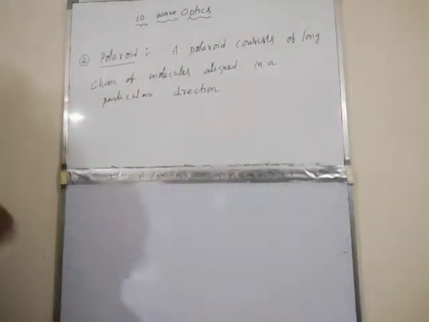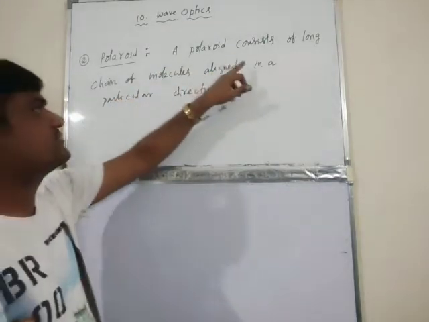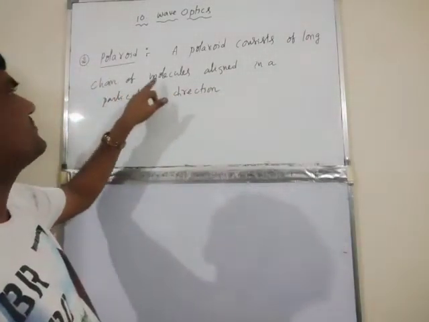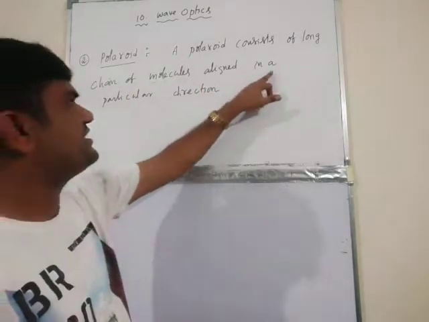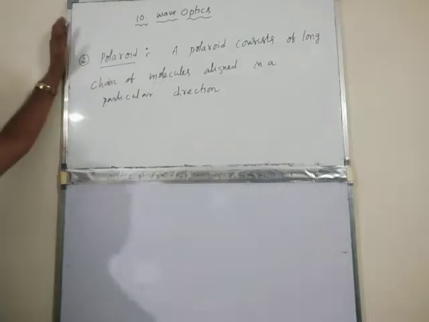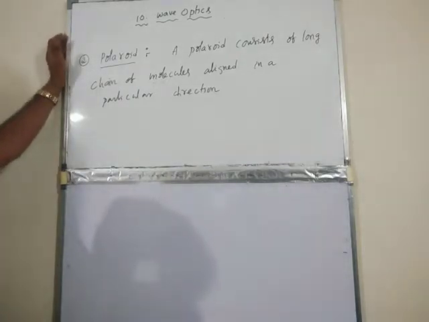What is a Polaroid? A Polaroid consists of long chain molecules aligned in a particular direction.